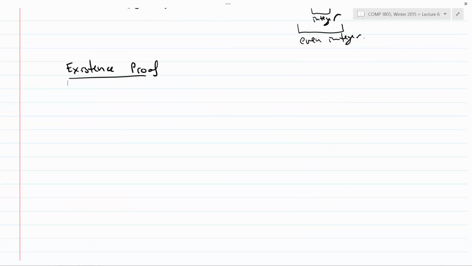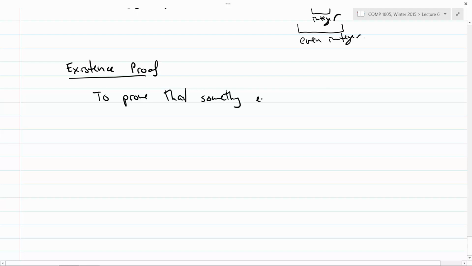All right, so existence proofs. To prove that something exists, what you need to do is prove that there exists an x such that P(x), where P is whatever property you're seeking to prove.